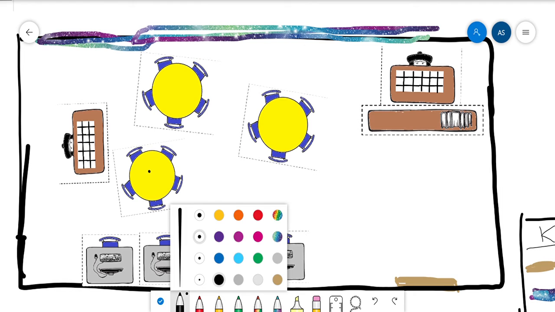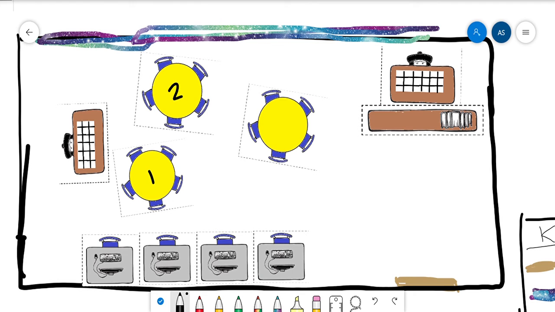If I label the numbers on the table, then I could say table 3 is right beside the bookshelf. Table 1 is the farthest away from the bookshelf. Table 1 is beside table 2, or table 2 is in the middle of tables 1 and 3. And that just gives somebody an idea if they needed to know where somebody sits in the classroom.